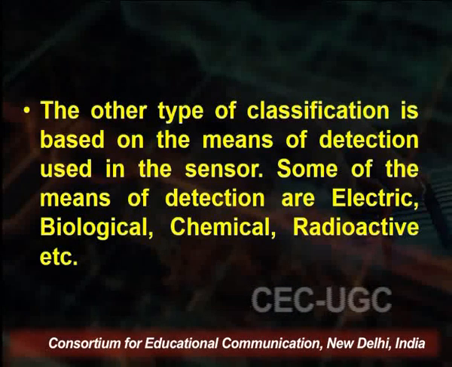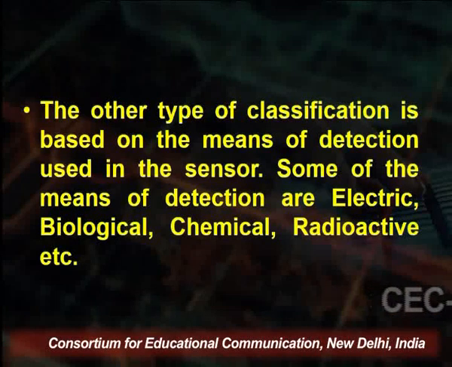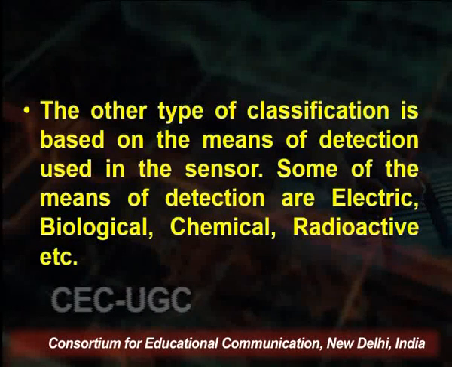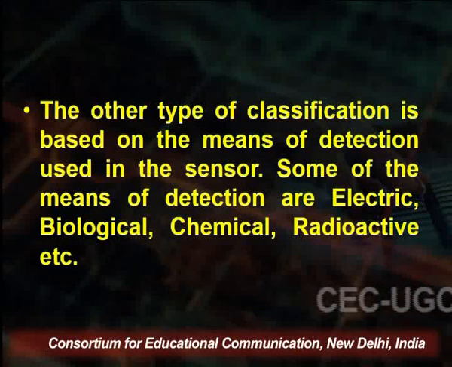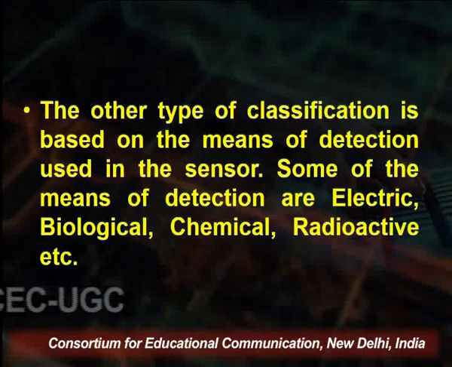The other type of classification is based on the means of detection used in the sensor, that is, the detection application of the sensor. Some of the detectors are electric, biological, chemical and radioactive detectors.